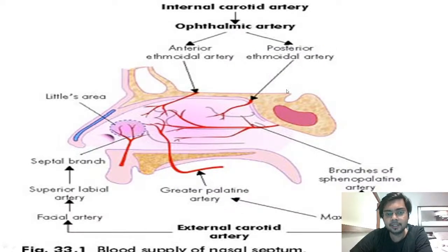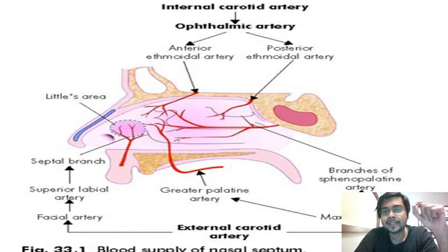Another plexus is Woodruff's plexus. Can you tell me the blood supply of Woodruff's plexus? Basically, from Woodruff's plexus, bleeding occurs in hypertensives. And where is it present? It is present just below the sphenoid opening, posteriorly, 1.5 centimeter above the posterior part of the choana.